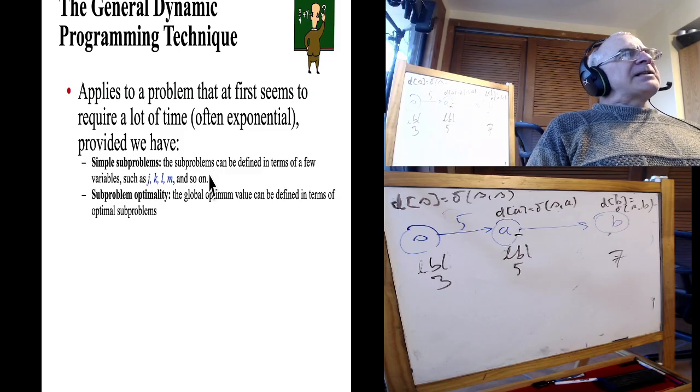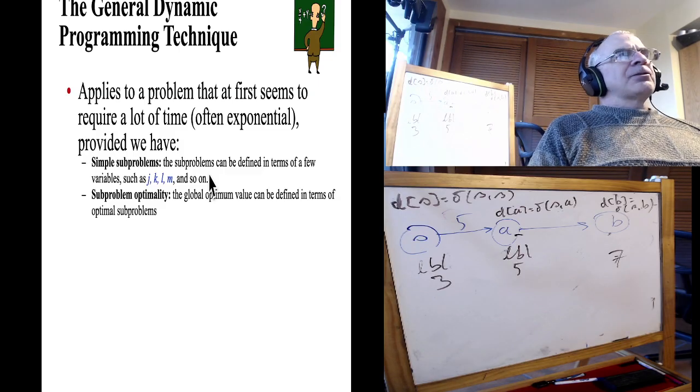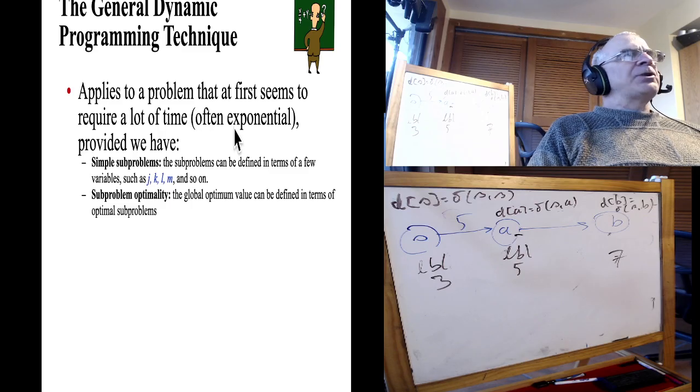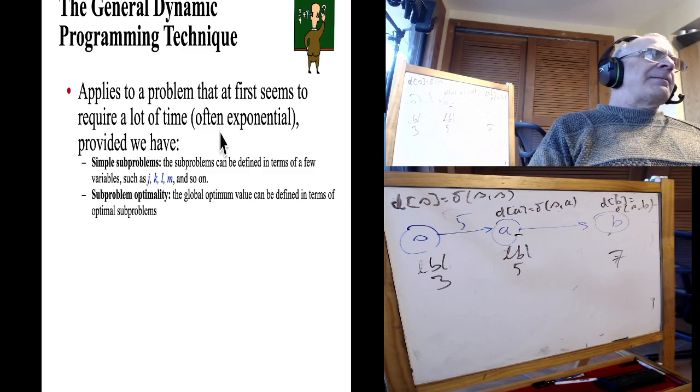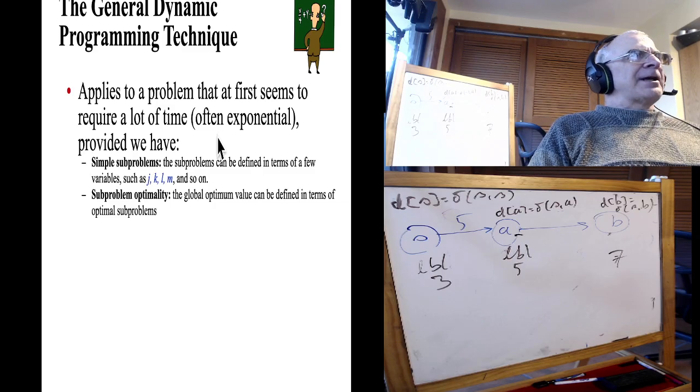We can specify a few rules that hold for all dynamic programming. Sometimes problems that look like they have exponential time, once we realize that dynamic programming can work, we'll be able to give much faster algorithms.